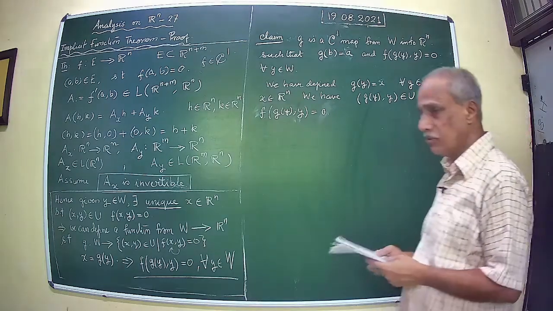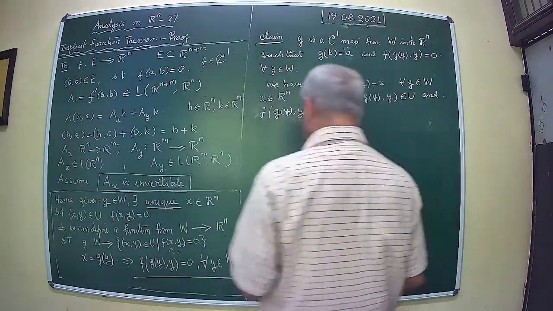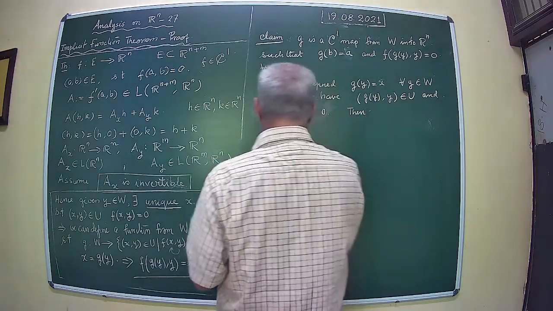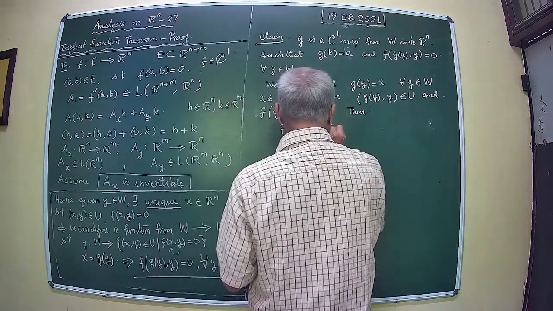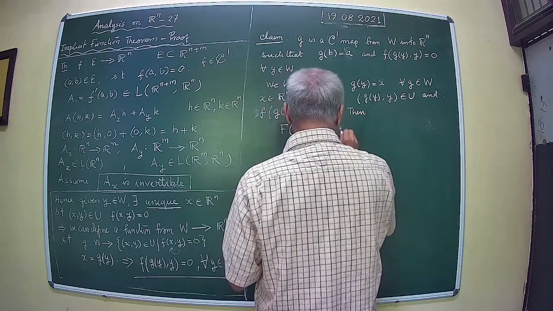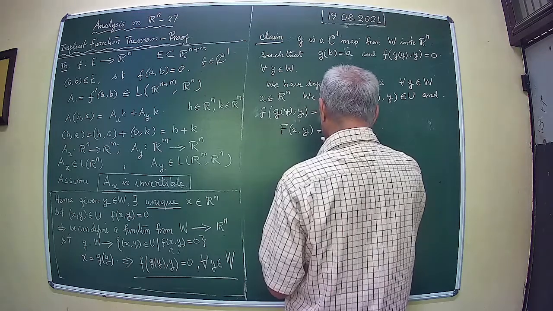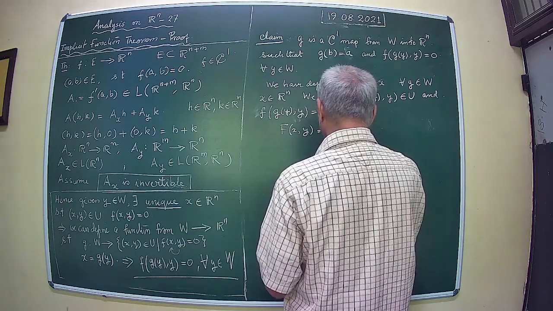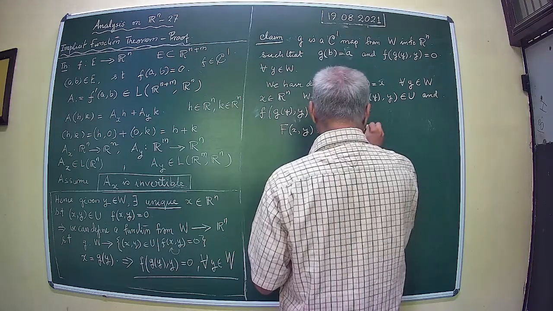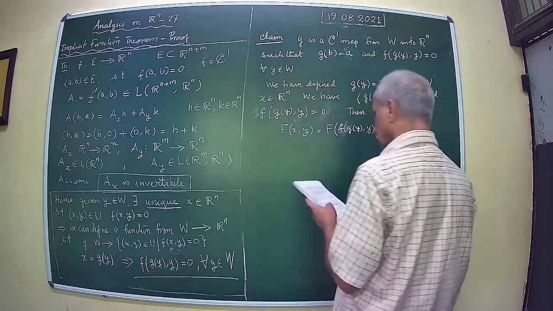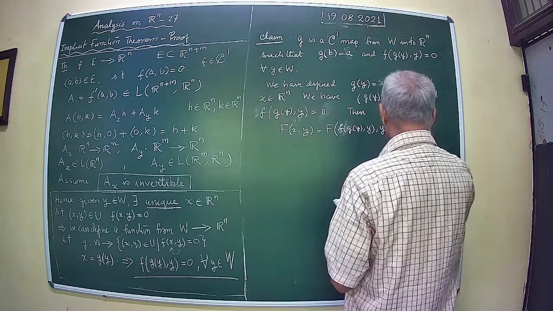This comes from F of XY equal to 0, X is equal to GY. Then what you have is this equal to F of GY Y, which is equal to 0Y.